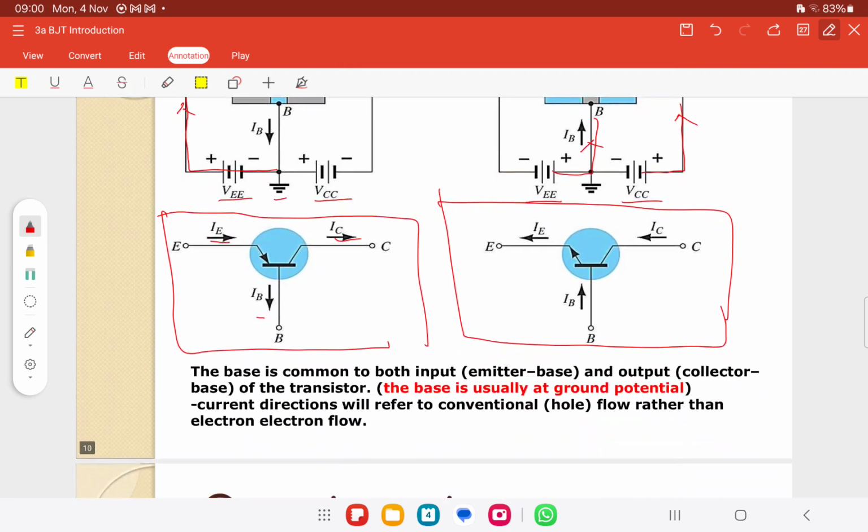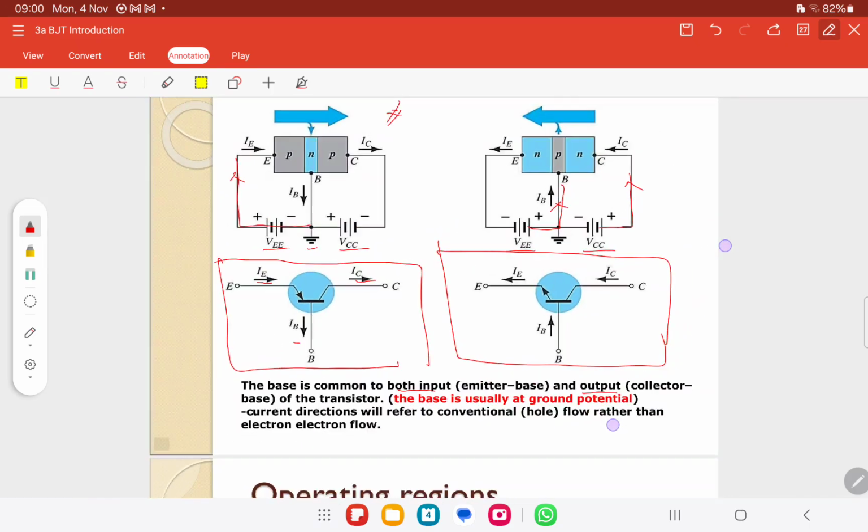The base is common to both input and output. Explanation for common base: base is common, meaning the base in the middle is connected to the ground. The base is usually at ground potential, equal to 0.